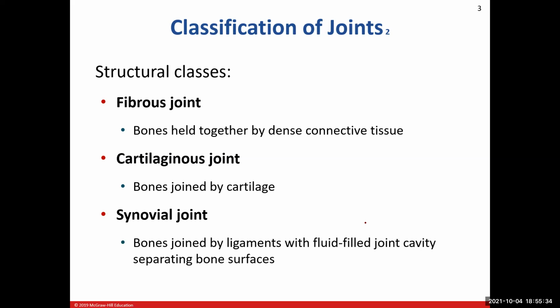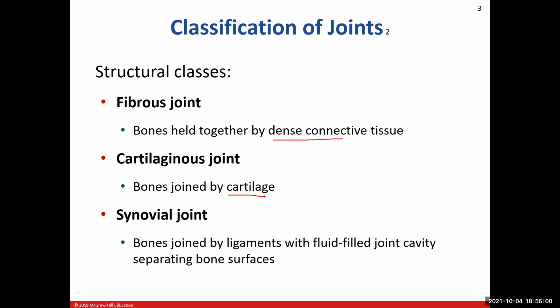So structural classes, there's three: fibrous joint, cartilaginous joint, and synovial joint. Fibrous joints are when the bones are joined together by dense connective tissue. A cartilaginous joint is when bones are joined together by cartilage. And finally, a synovial joint is when the bones are joined together not just by ligaments, but also by a capsule.